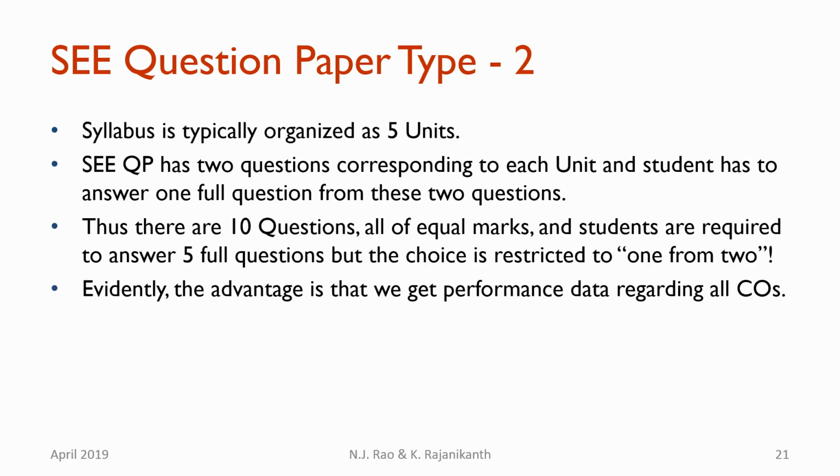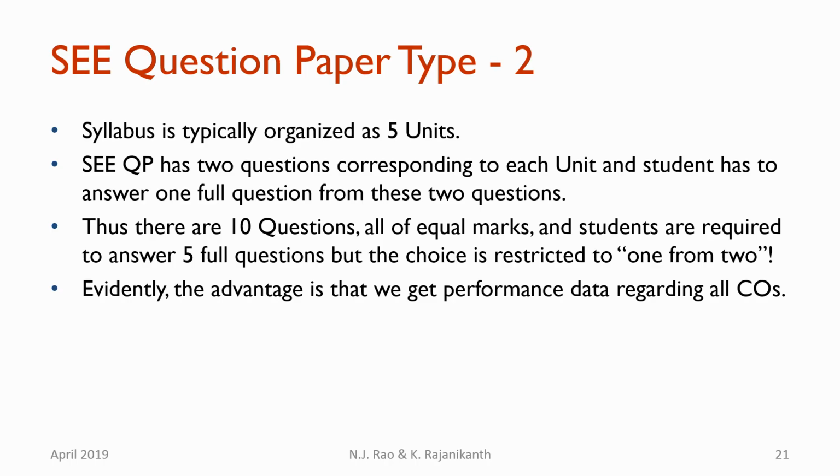Type 2 is based on the fact that in most of the OBE adopted frameworks, the syllabus is typically organized into 5 units, and the semester end examination question paper has 2 questions corresponding to each unit, and the student has to answer 1 full question from these 2 questions. That means there is a choice, but it is an internal choice.